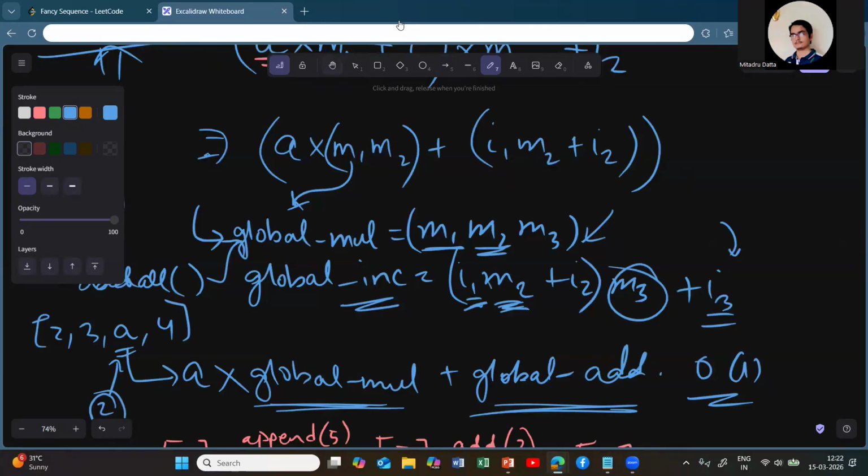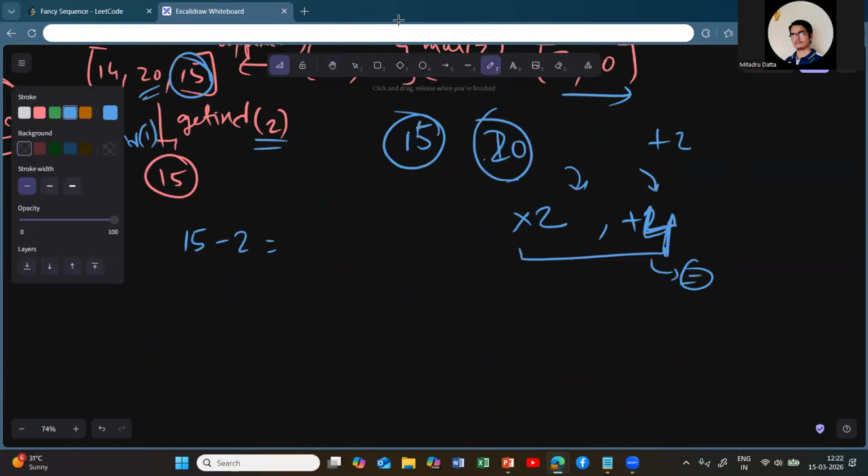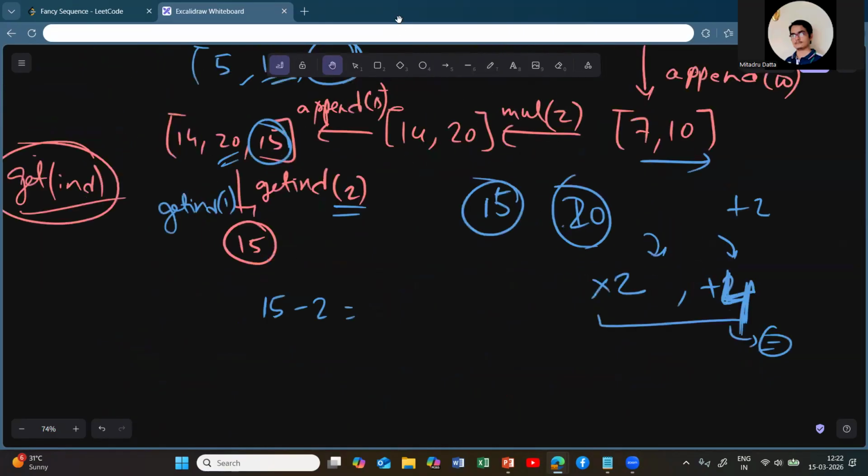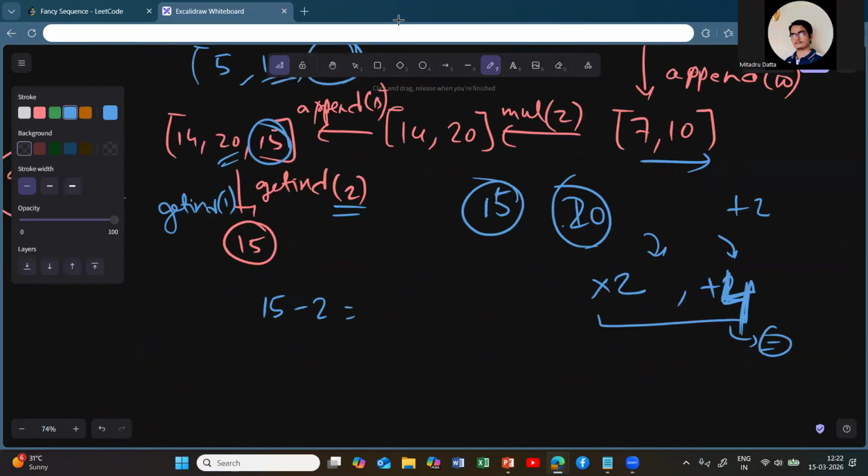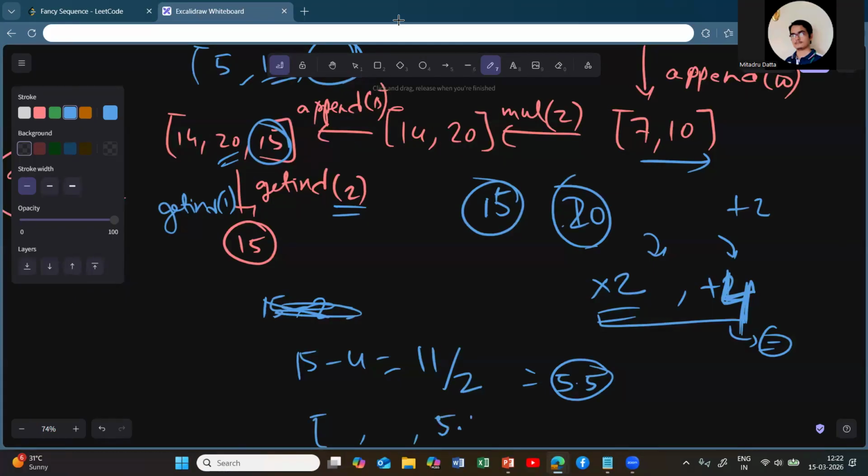Okay, so initially the global incrementer was 2, but after the multiplier came, the multiplier also multiplied this 2 to get 4. So one thing you can do is that instead of storing 15, you store 15 minus 4, that is 11. Okay, that is 11. And also you divide it by the 2 to get 5.5. So in the vector, instead of 15 in 15's place, you stored 5.5.